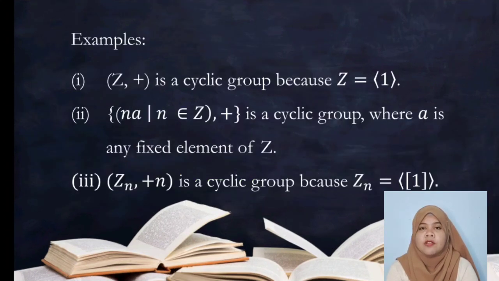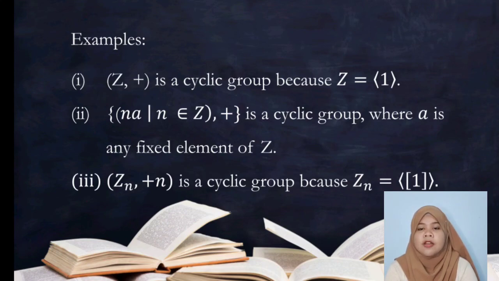For examples, for number 1, we have Z under plus is a cyclic group because it is generated by the element 1.